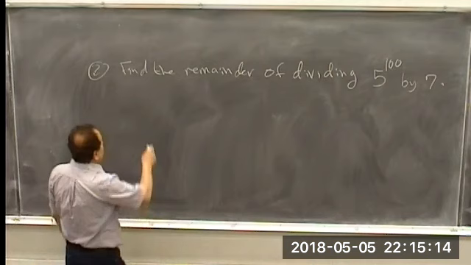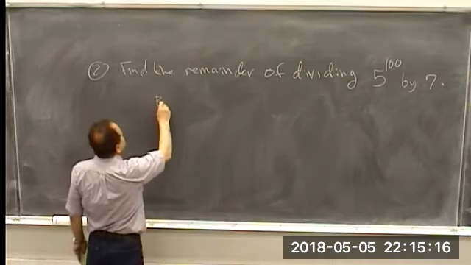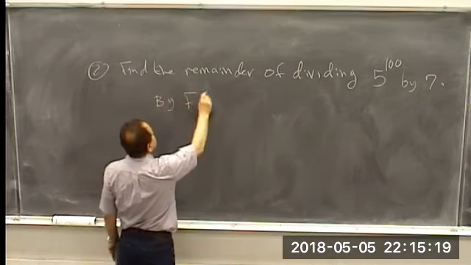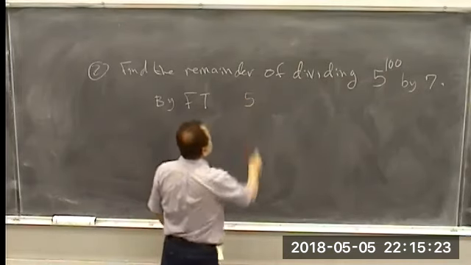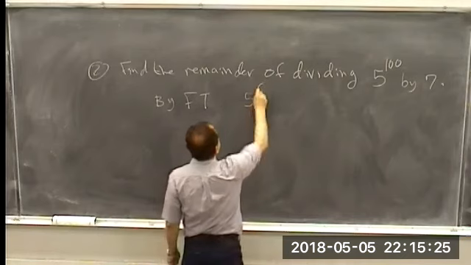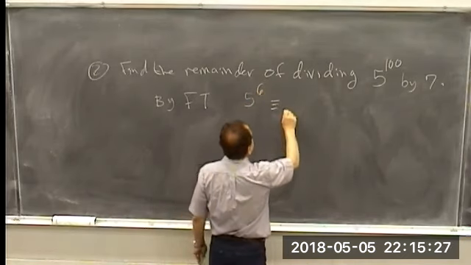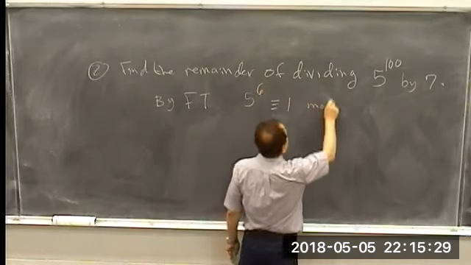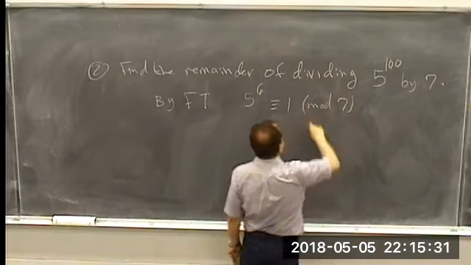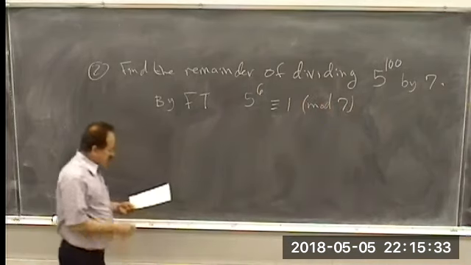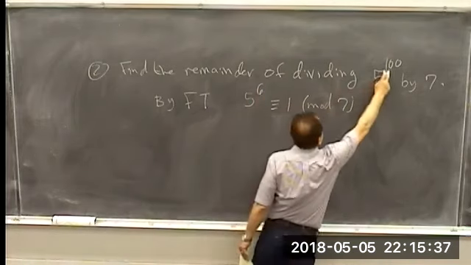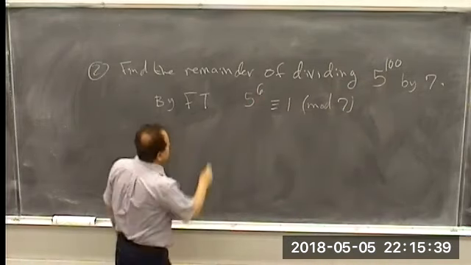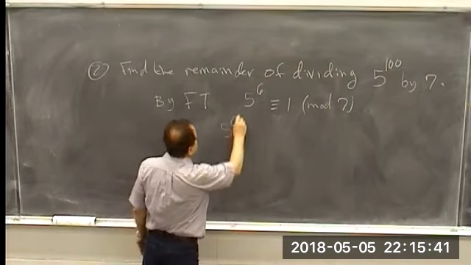Again, we're going to apply Fermat's theorem. We start by looking at 5 to the exponent 6, which is congruent to 1 mod 7. And we can raise this to a power to get as close to 100 as possible.